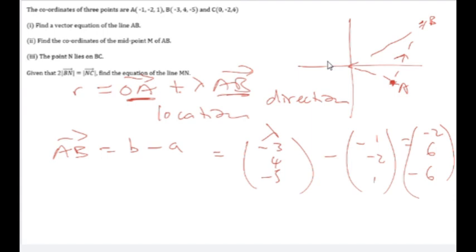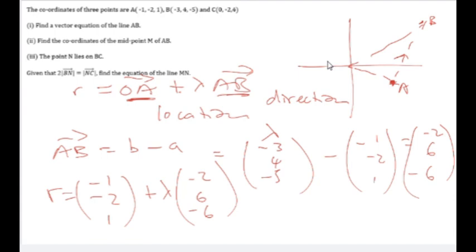This corresponds also to a certain value of lambda. Hence, our final equation will be r = OA, we already have the coordinates, (-1, -2, 1) + λ(-2, 6, -6). That is our final answer for the first part.